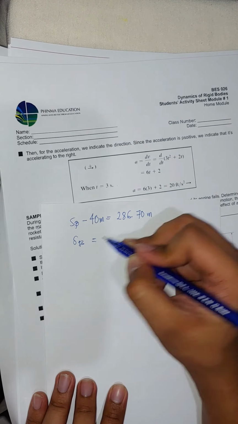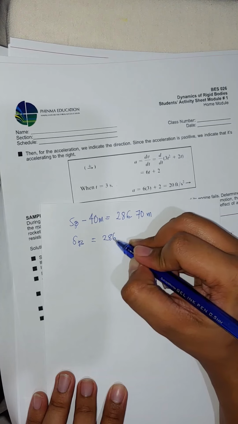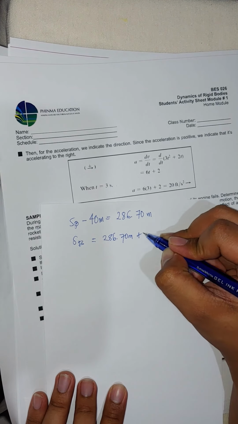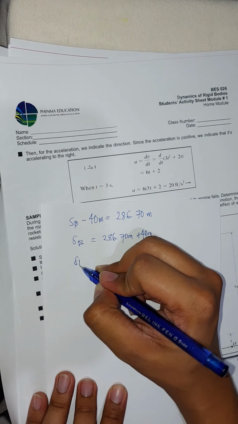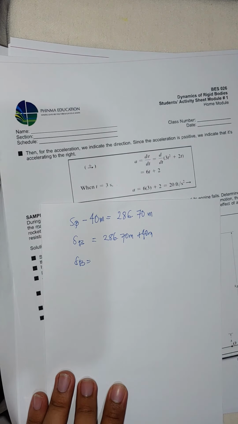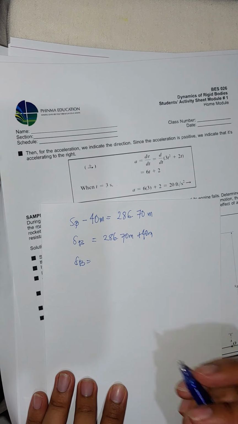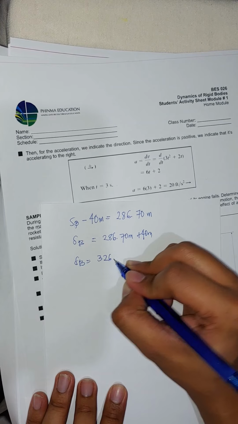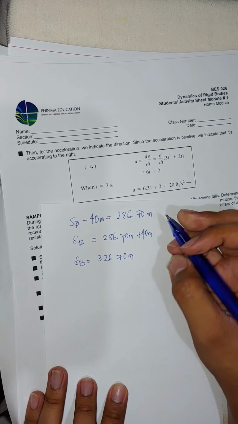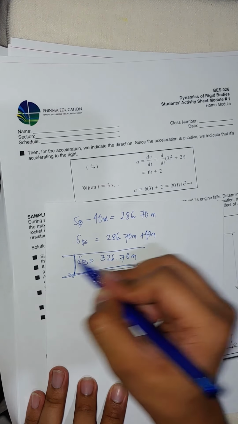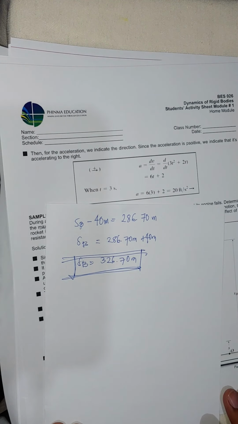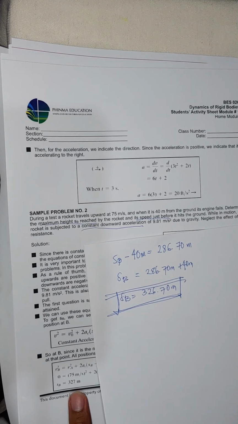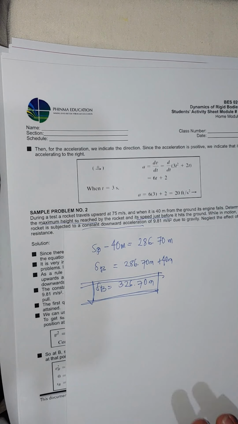We have the maximum height reached equal to 286.70 meters plus 40 meters. Then our maximum height reached is equal to 326.70 meters. Okay, so don't be shocked by your given module. It uses 327 meters, so it is just based on rounding off.